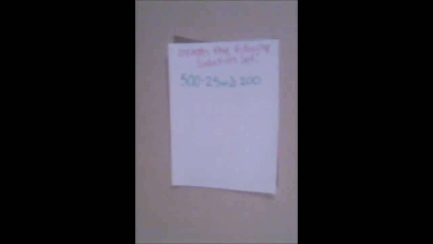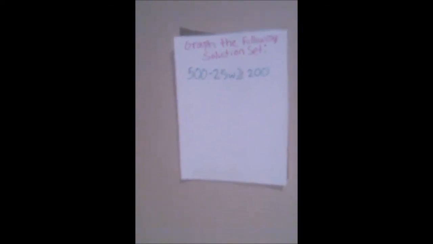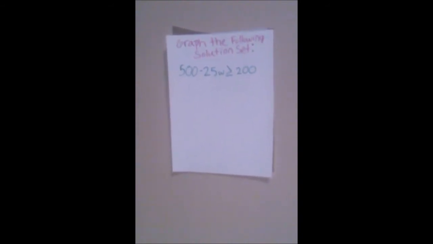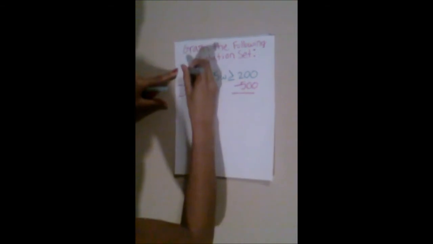For our second guided practice example, we will graph the following solution set. 500 minus 25w is greater than or equal to 200. We can't graph the solution set right now because it is not written as an inequality. First, we have to subtract 500 from both sides of the equation. Five hundreds cancel out, and you get negative 300 on this side.